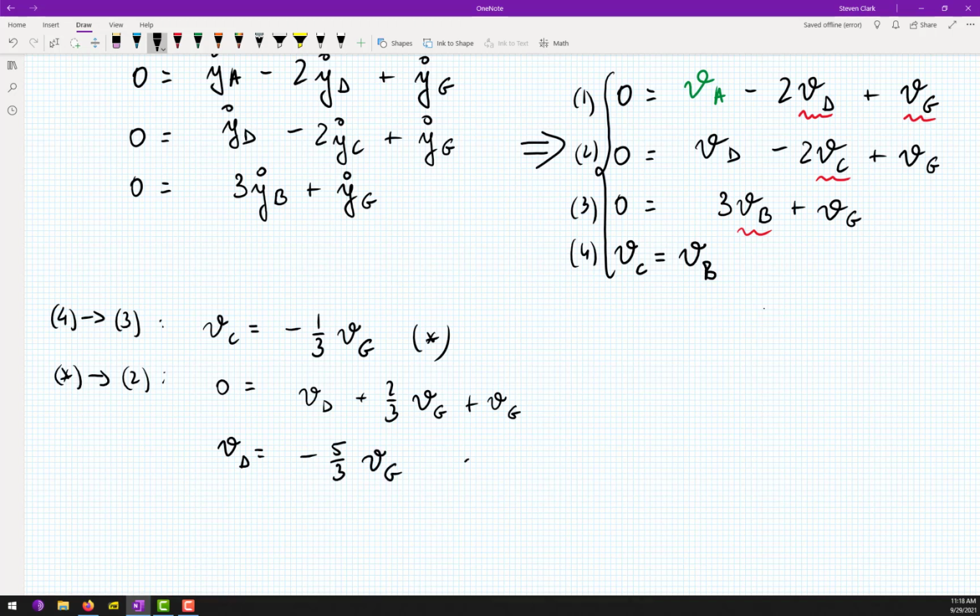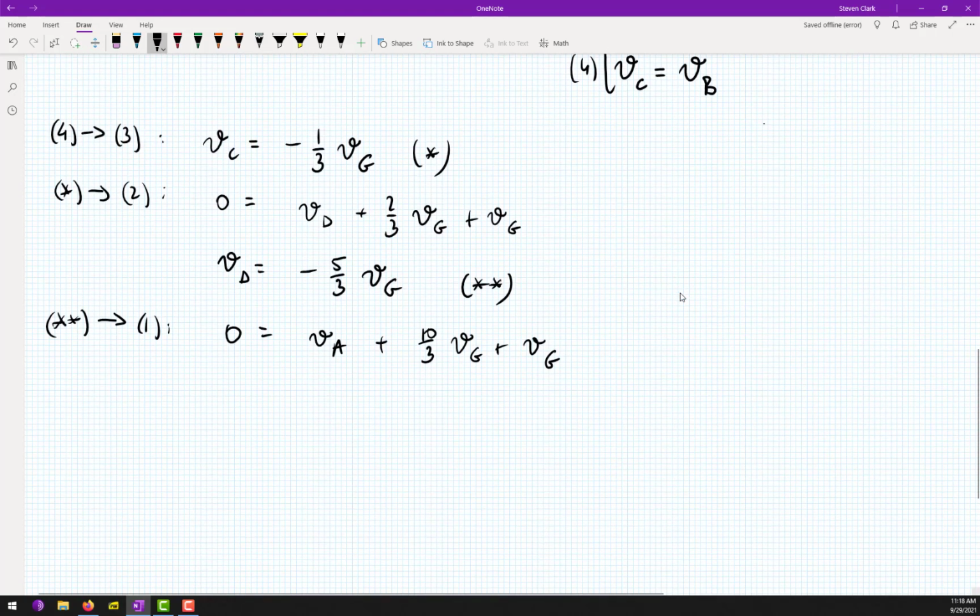Let's call this equation double star. And now let's plug double star into 1. And we'll end up with, very quickly, 0 equal to VA plus 10/3 VG plus VG. And thanks to that, we know VG, exactly what they are asking us for. VG is equal to minus 3/13 VA.